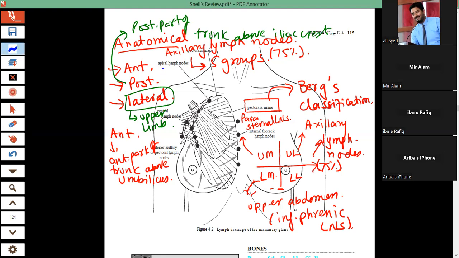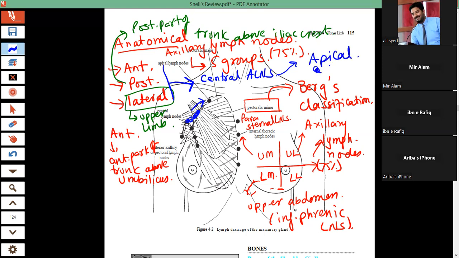Okay, next point, all these three together are draining into your central axillary lymph nodes. Okay, these are your central axillary lymph nodes. Central axillary lymph node, this one. So they are draining into the central axillary lymph nodes, and now the central axillary lymph node is draining into your apical lymph nodes.